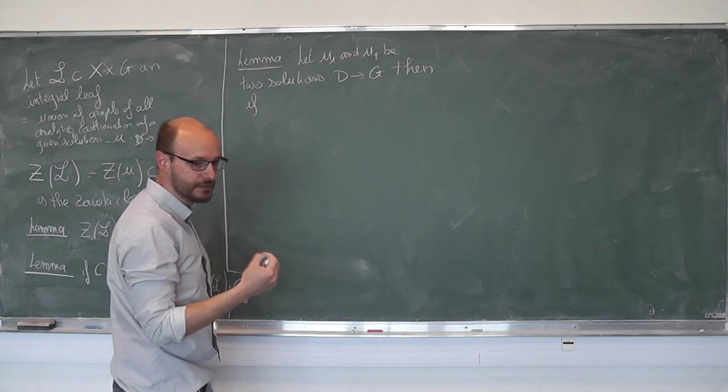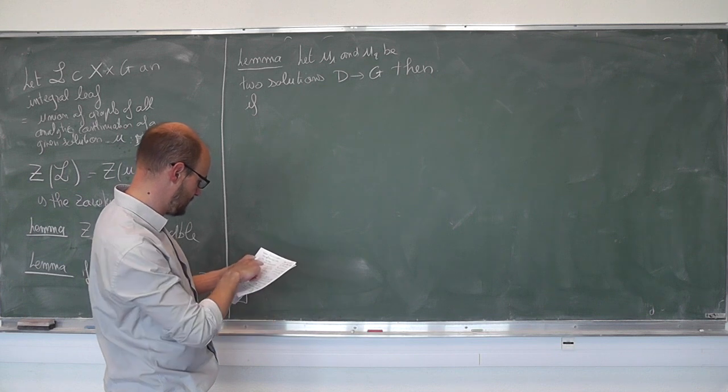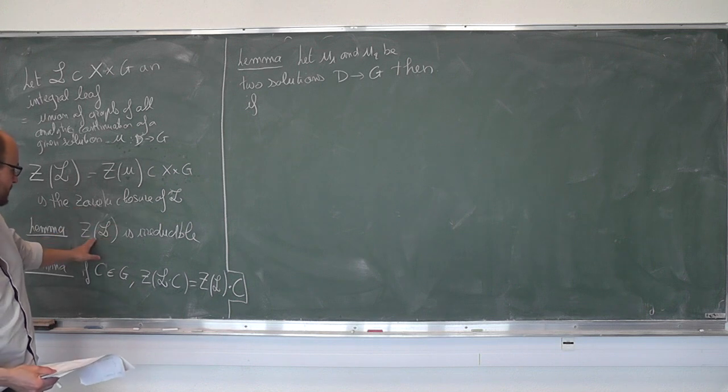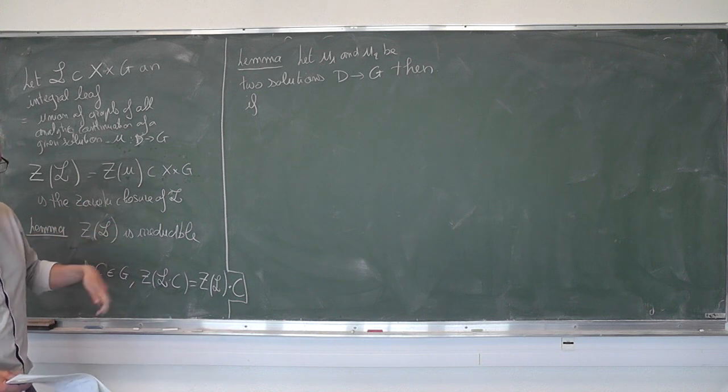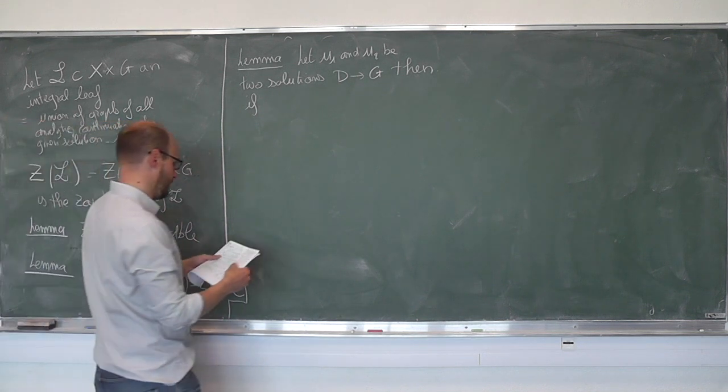Then, if at some point the graph of U1 cuts the Zariski closure of the graph of U2, then all the graph of U1 must be inside. So let me say something.